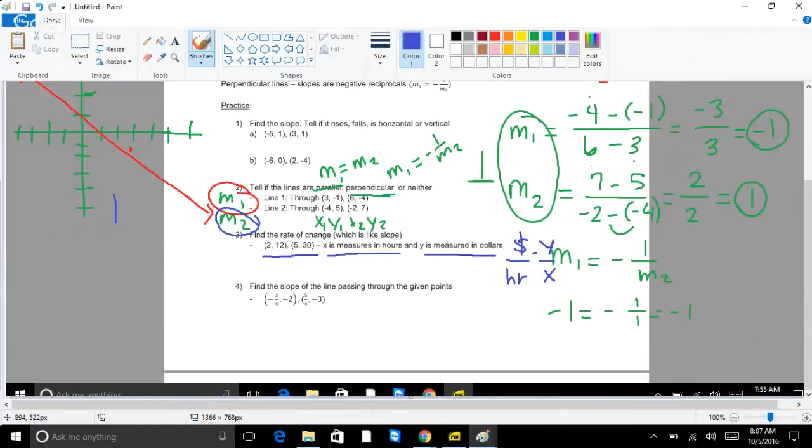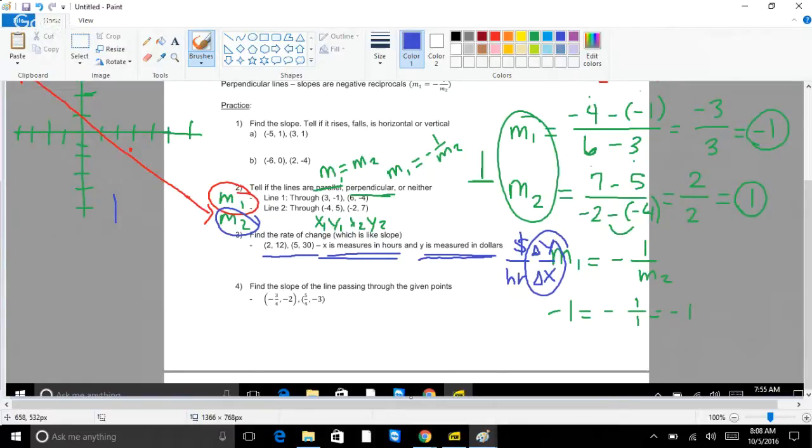The change in the dollars over the change in the hours, right? And this is slope. So we can use our slope equation also when our rates match up to the rate of change. It looks complex, but it's actually easy because we're going to find the change in dollars over the change in hours, and to do that, we're just going to use the slope equation.